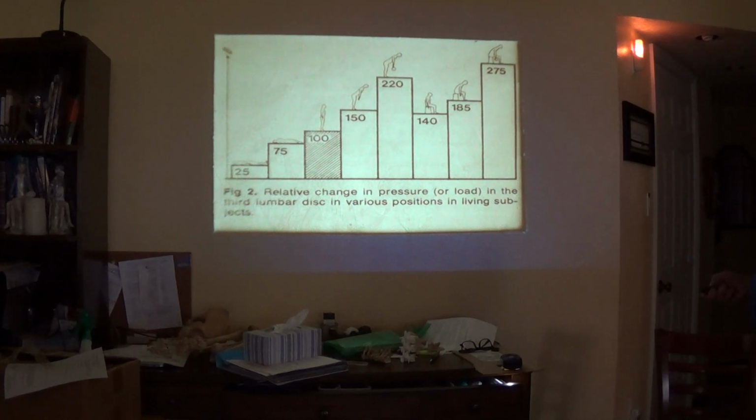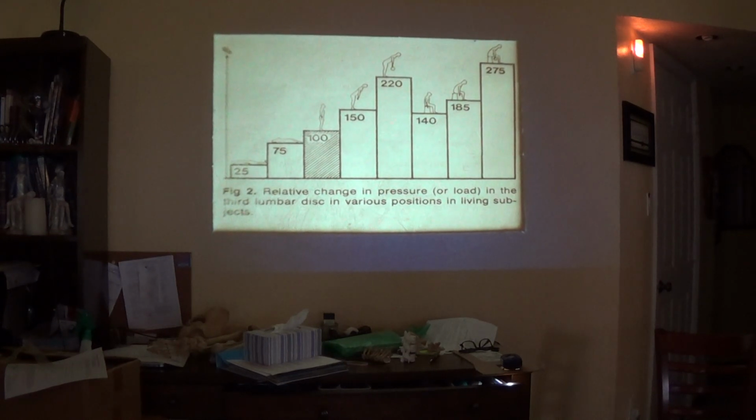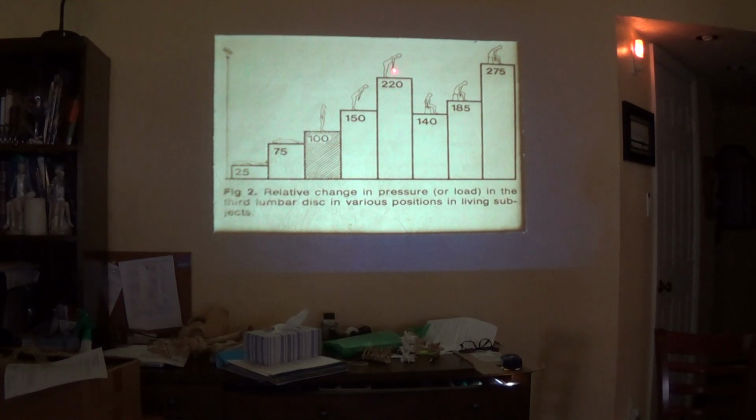Now, these are studies done by Nachemson. What they did was put pressure electrodes in a bunch of medical students' spines and measured interdiscal pressure during different postures.